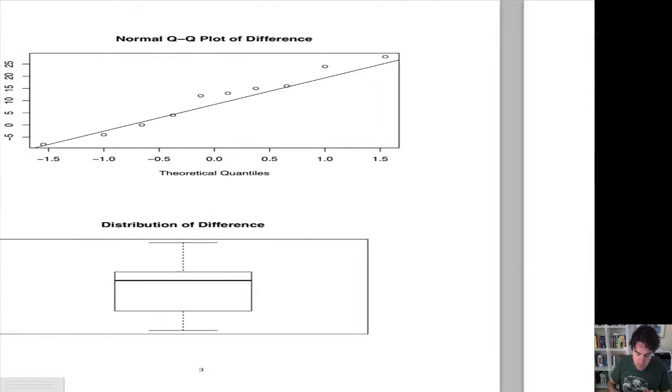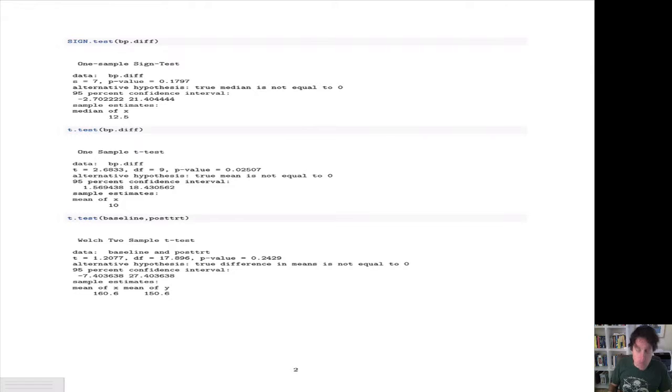Well, what tests are we given? Well, we're given the sign test over here. So this is the sign test for matched pairs.